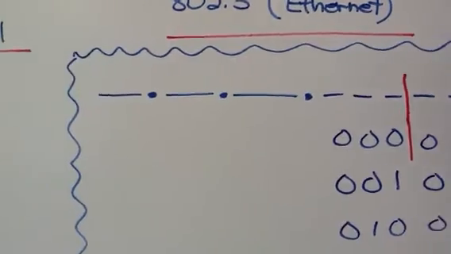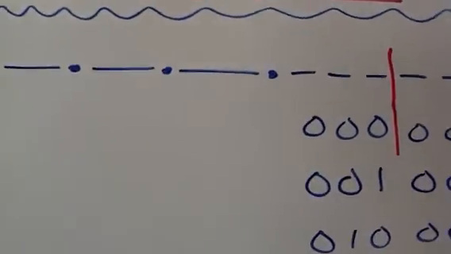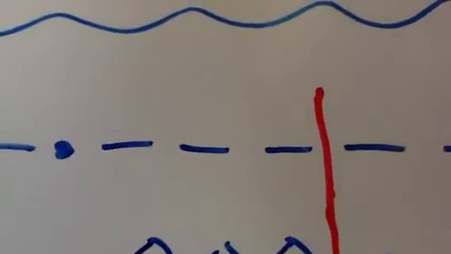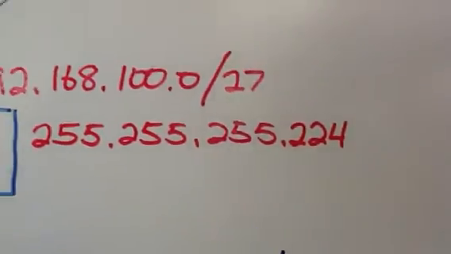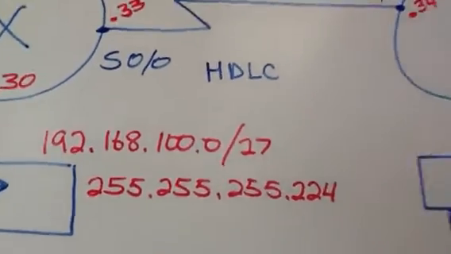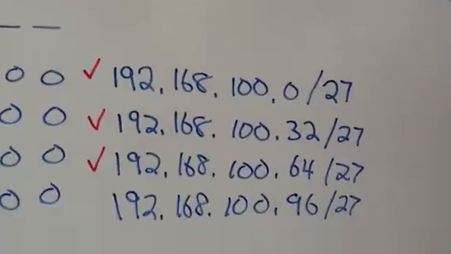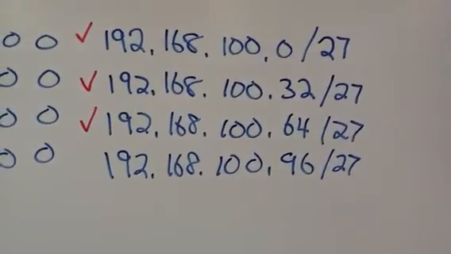So we have 8, 8, 8, so we have 24, and the 3 bits right there, 25, 26, 27. And if those were all ones, we end up with this mask right here for that first network, 224. Okay, so we wrote out those 4 networks.